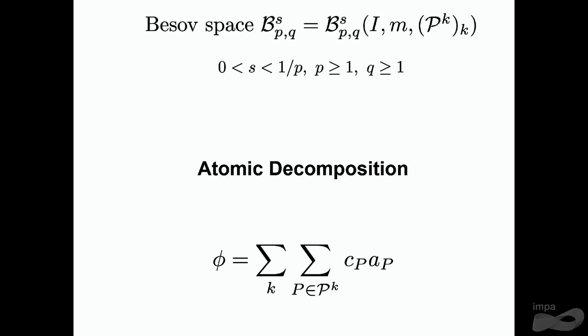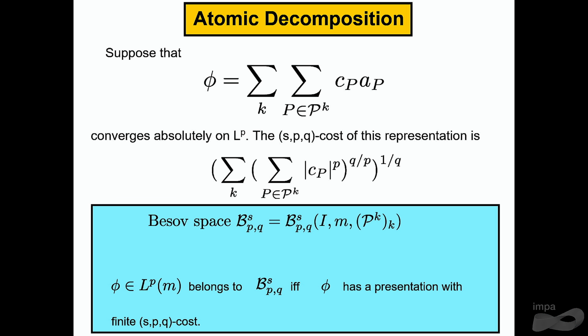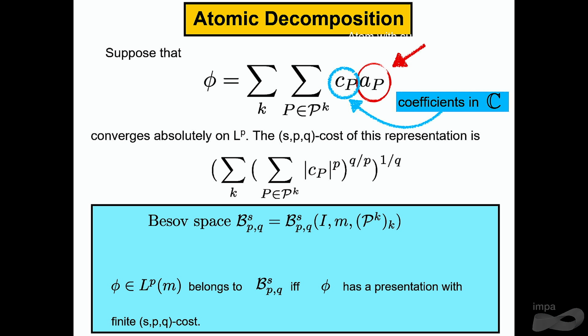This is your wall, so phi is your wall, and you write this phi as a combination of bricks. The A_P are the bricks, and these C_P are just coefficients, complex coefficients.